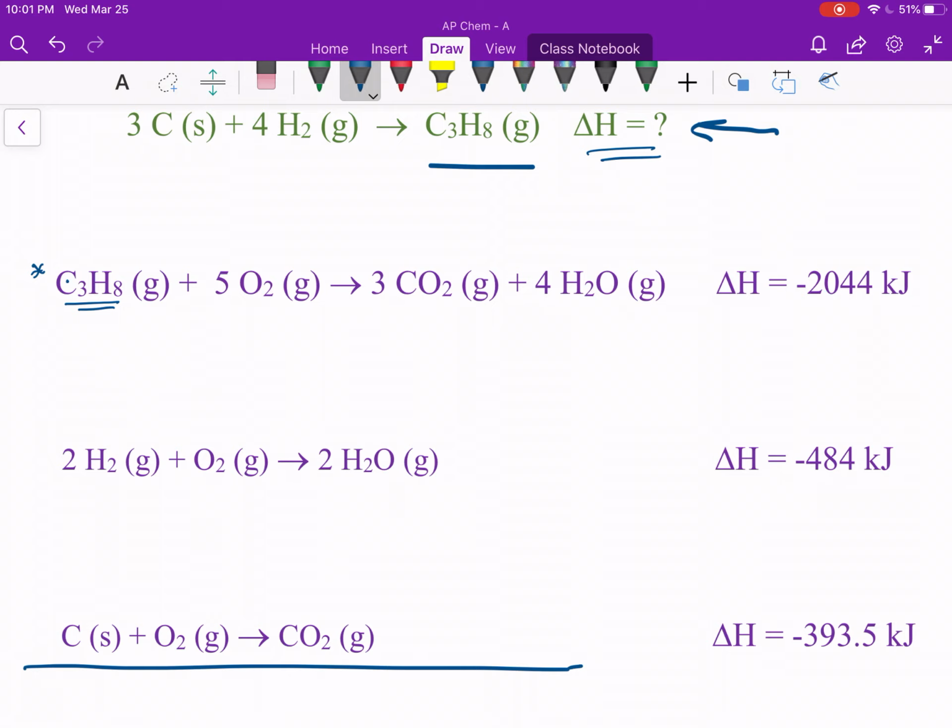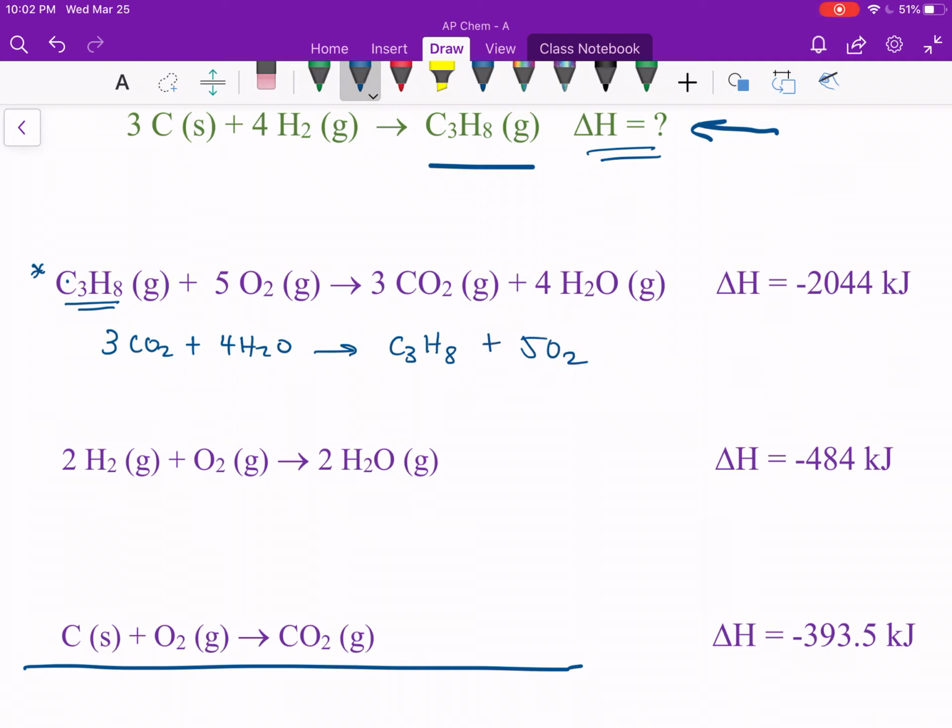And so we're going to have to flip that first equation, right? We're just going to flip it to get the reverse. So 3CO2 plus 4H2O gives me C3H8 plus 5O2. So I just flipped that reaction.